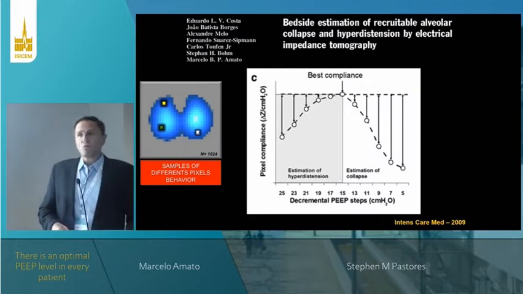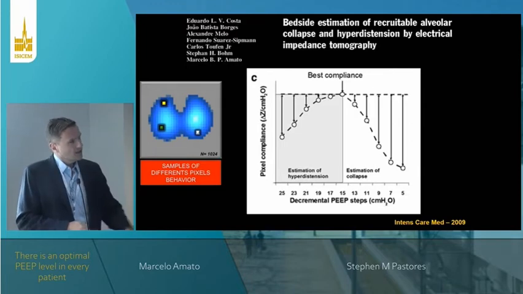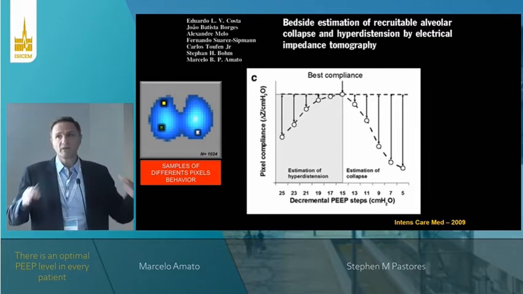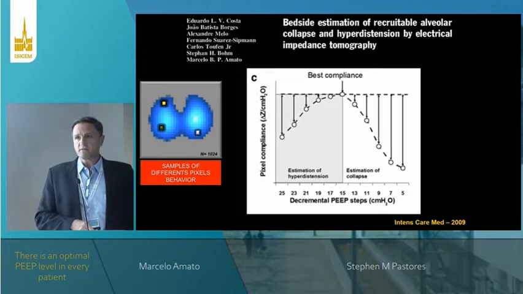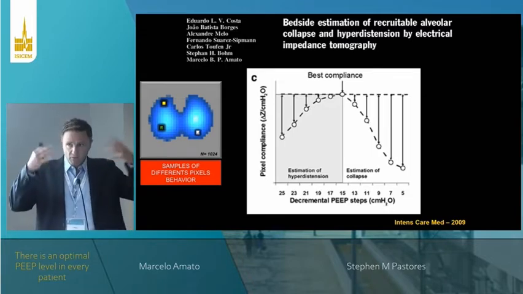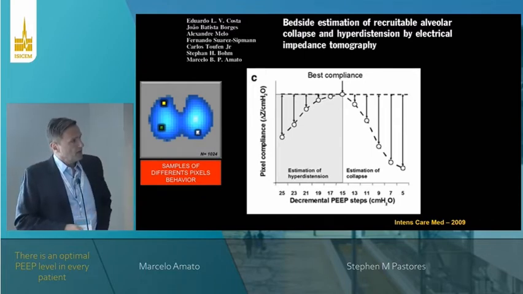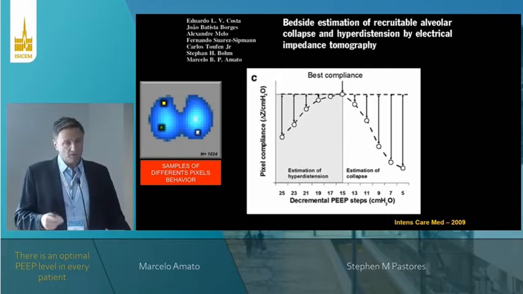So when we do PEEP titration using EIT, our hypothesis many years ago was that we have exactly the same curve that we get with an isolated lung preparation, except that it's inside the chest. The very reason for this is because with EIT, we are almost visualizing the lung, and then you can easily calculate also transpulmonary pressures.